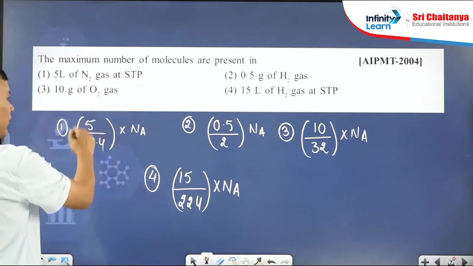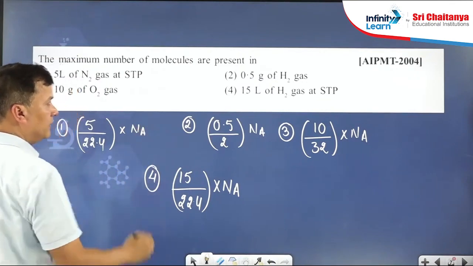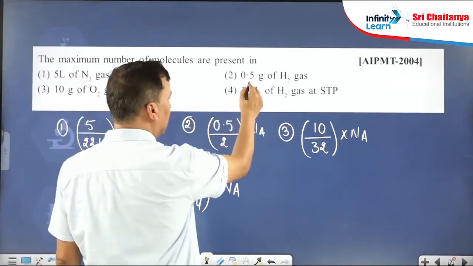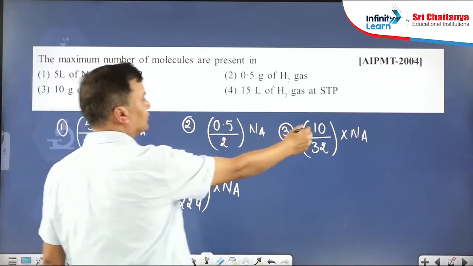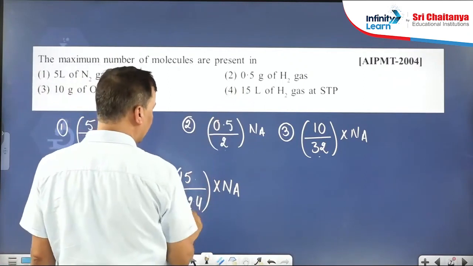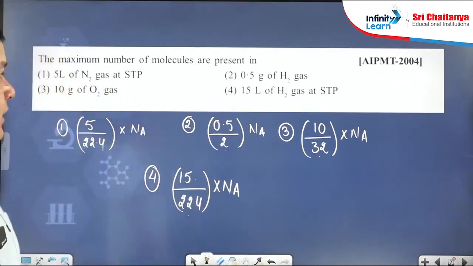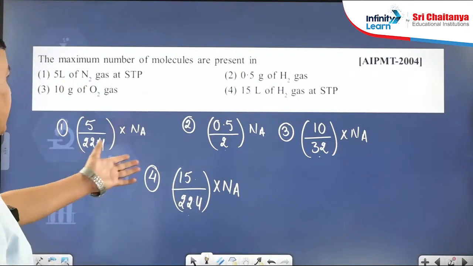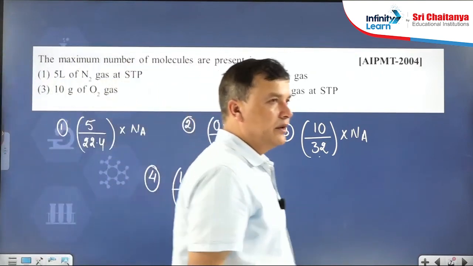Number of moles into Avogadro's number gives the molecules. Mass has to be divided by molar mass, and volume has to be divided by molar volume. Then you will find which has the maximum. Calculation is required for that, so please calculate yourself. Now I am moving to next.